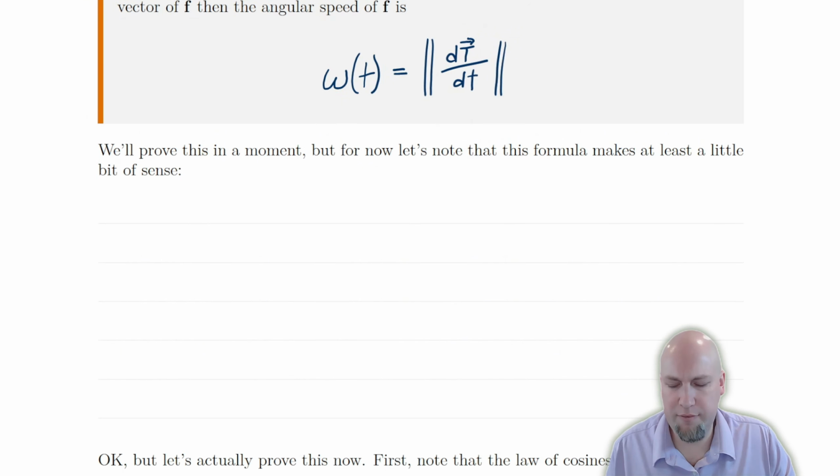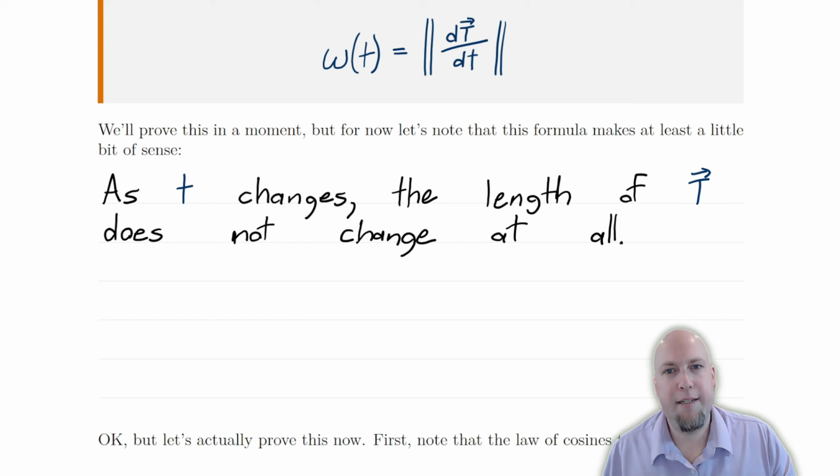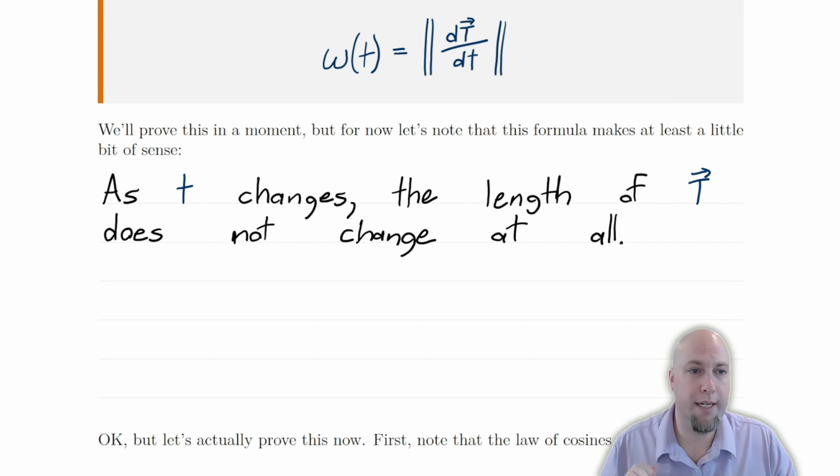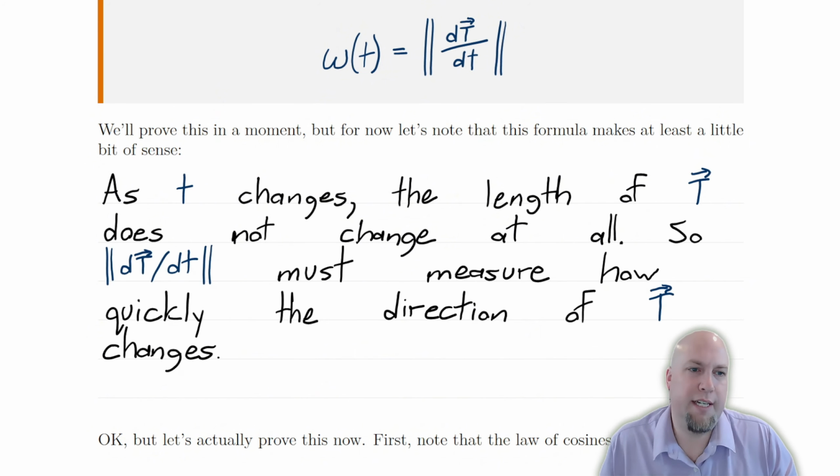Intuitively, the unit tangent vector is a unit vector. No matter what time little t is, the unit tangent vector big T is going to have length 1. Its length is not changing. So as time goes on, the only component of it that can change is what direction it's facing.